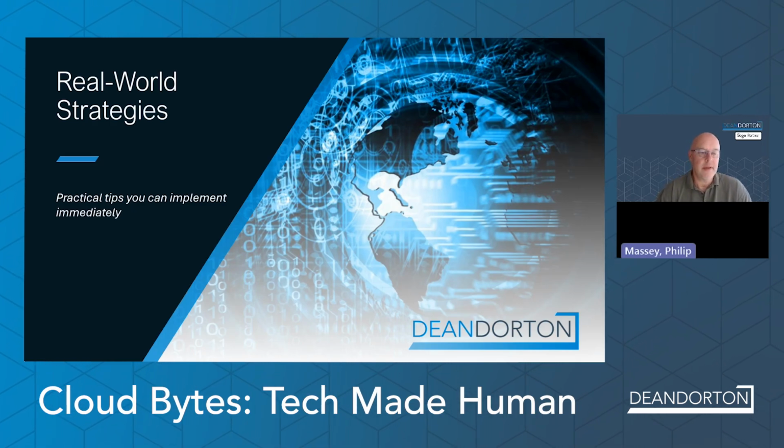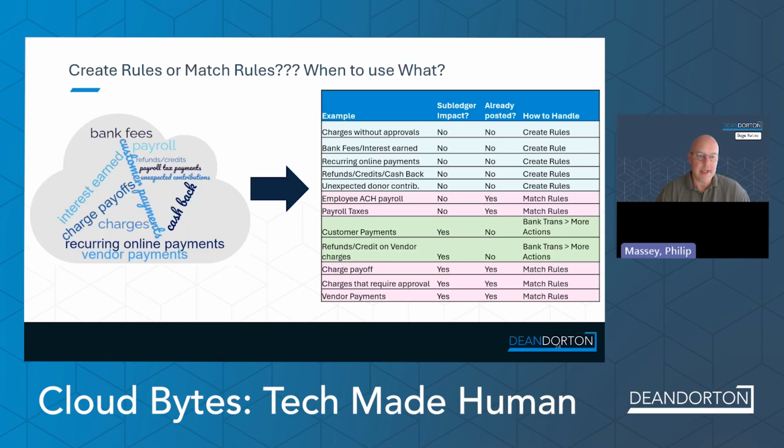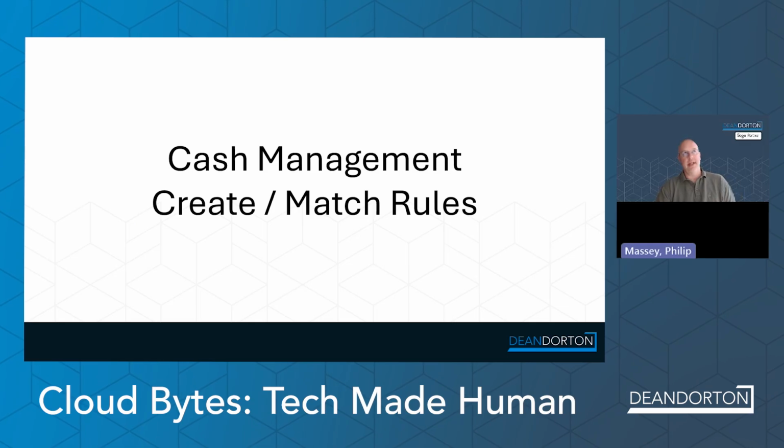But let's talk about a couple of other real world strategies. And the first one that we're going to talk about is actually sort of an offshoot or a complement or a part of the bank feeds that we just talked about. I wanted to move this into real world strategies because I think this is something practical that you can do today. So in cash management, in bank feeds, in this area, there is this concept of create and or match rules.